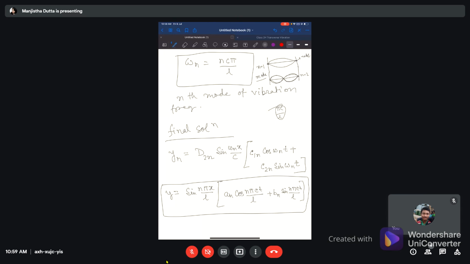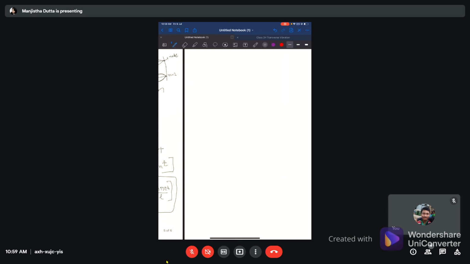Okay, so I'm not going to show you how it is done, because if you have noticed the calculations over there, you will understand what is done over here. So this can be again re-simplified. Okay, and I can write it as, so the general solution y is actually summation of all the modes.